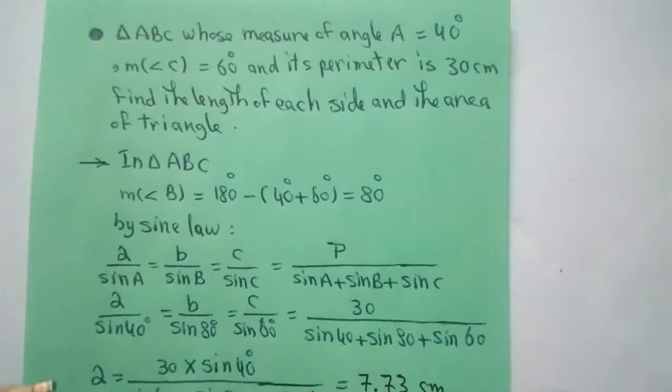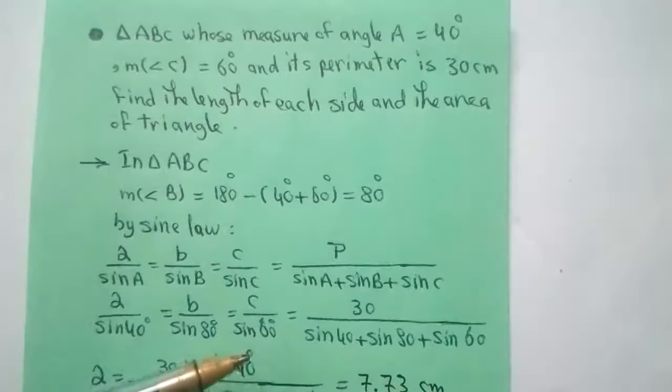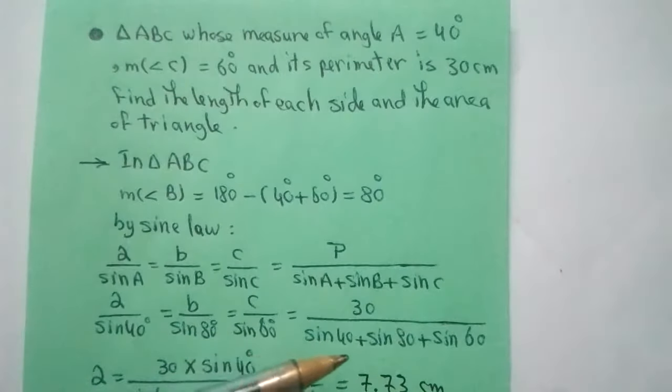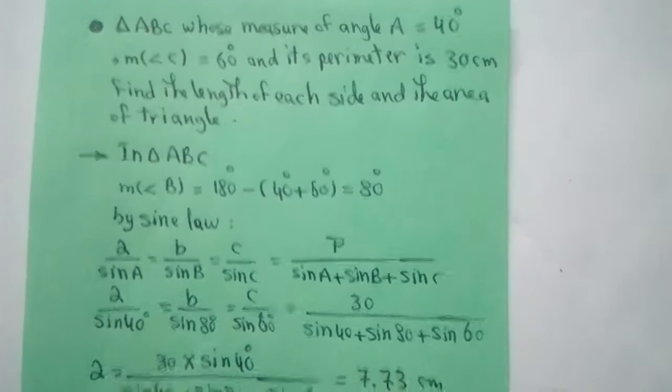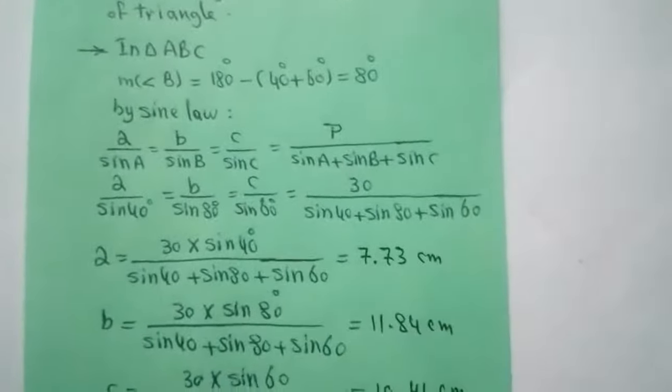We get c: 30 times sine 60 over sine 40 plus sine 80 plus sine 60, which will be 10.48 centimeters.